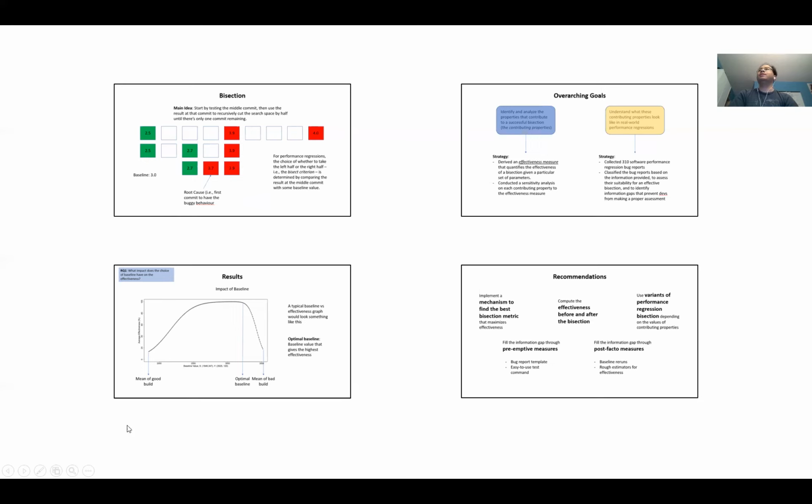We went through some of the results, in particular for the baselines and the distributions, and also how effective the effectiveness measure is in terms of trying to predict whether a bisection is actually going to succeed or not. And then I gave some recommendations on what developers can use so that they can better assess whether to use bisection in their specific scenario, and also to come up with better means to increase the chances of their bisection being successful. Okay. So that concludes my presentation. Thank you.